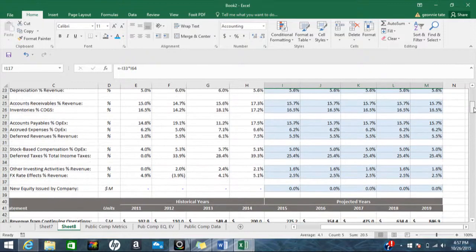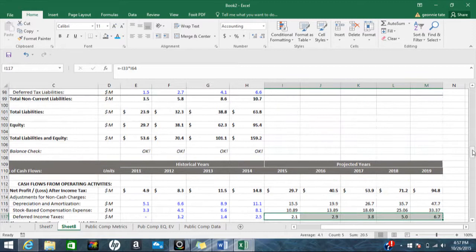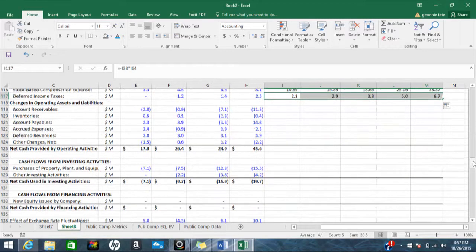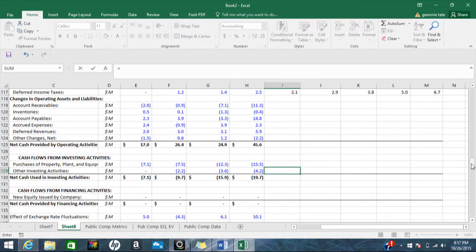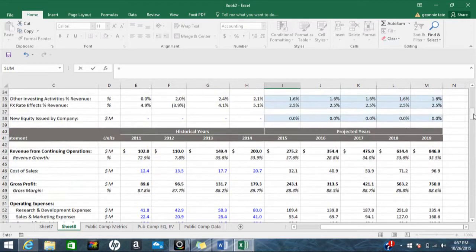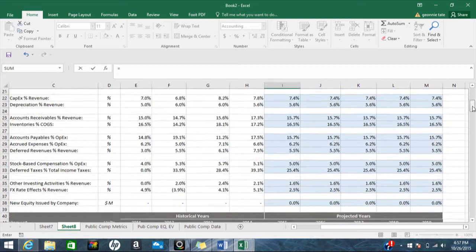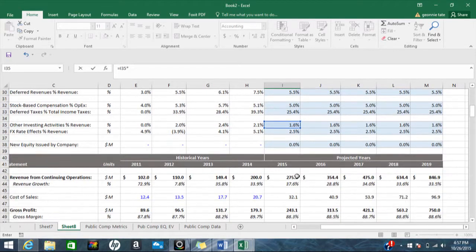Now to my next section, I need to get the other investing activities as a percentage of revenue. So I need to go down here and find the other investing activities. And that's in the investing activity section of the cash flow statement. That's a percentage of revenue, so I multiply it by the revenue.